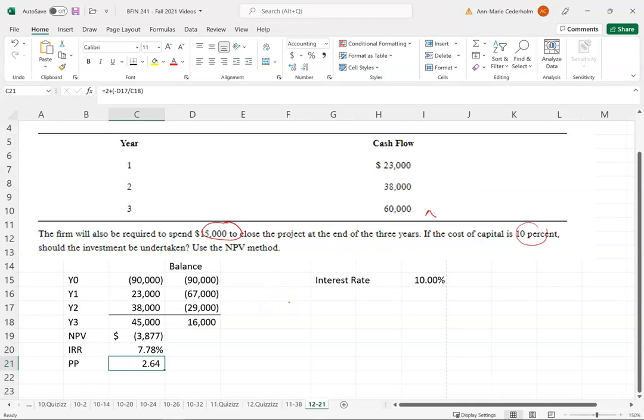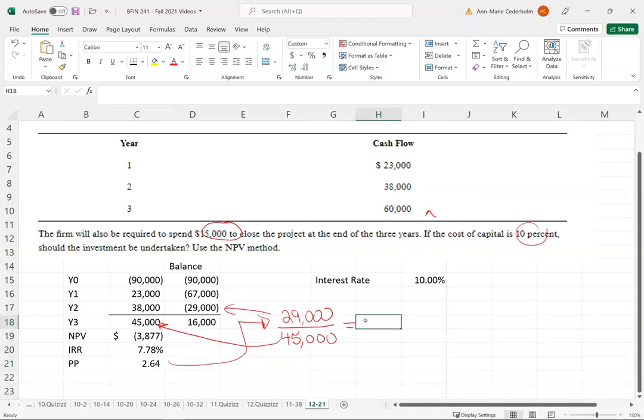Now, I'll just show you the math on that too. So I did 29,000 divided by 45,000. So that one's that cash flow, and then this one is that cash flow. And then that comes out to 29,000 divided by 45,000.